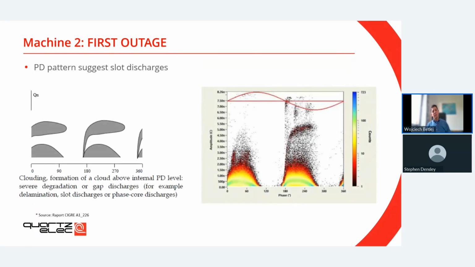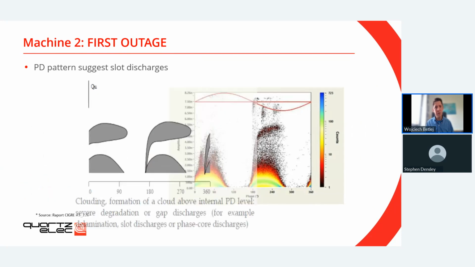What we also did during the first outage, obviously, was perform partial discharge measurements. On the right-hand side, you can see the results we obtained. On the left-hand side, it's the document written by Cigre that determines the location of the PD.